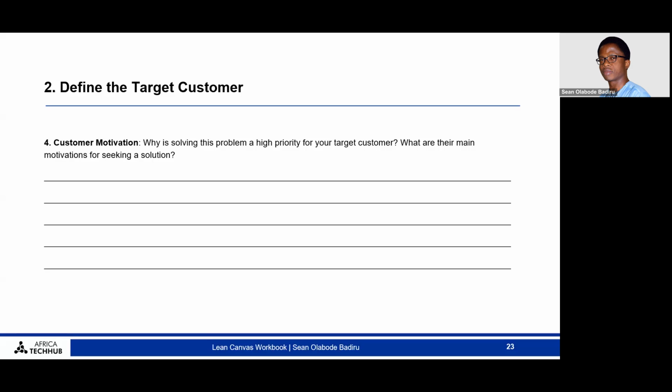To save them time and money by reducing payroll errors. Is stress not part of the motivation? Reducing stress and workload.